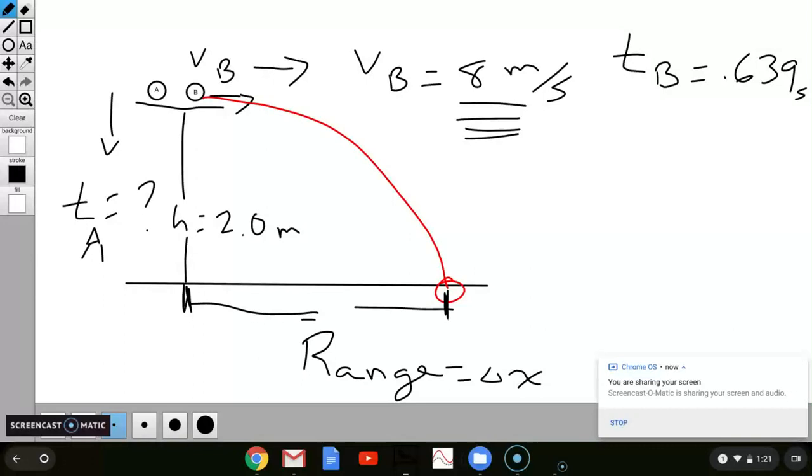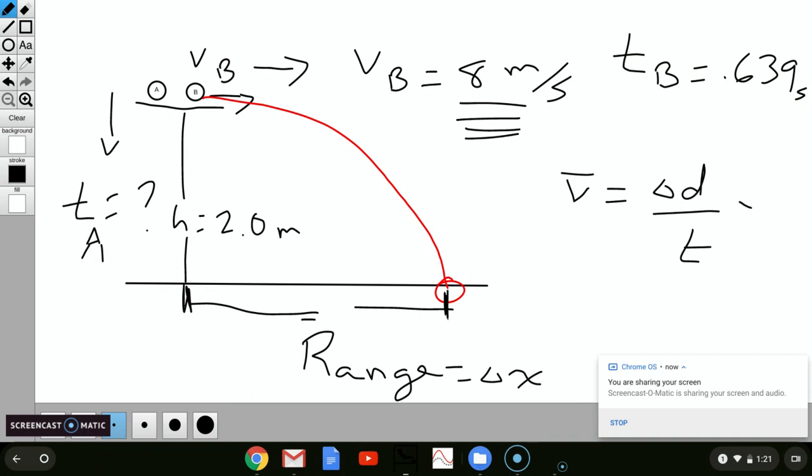Therefore, in the x direction, we can use the equation that we've used as our very first equation. We can use average velocity as d over t.